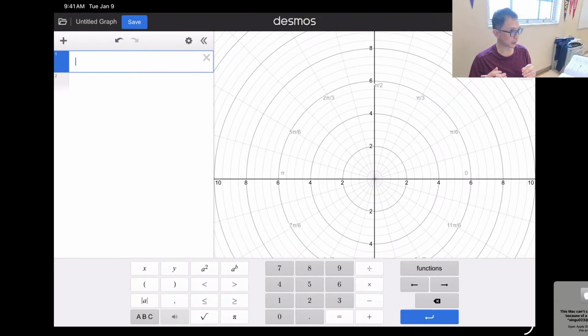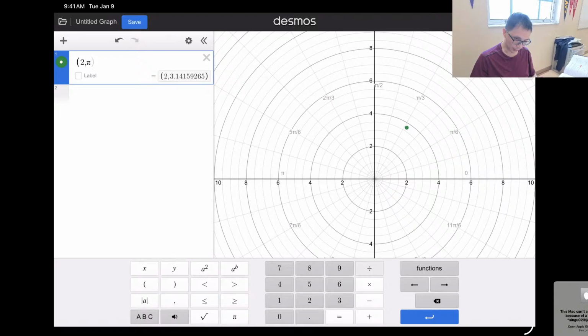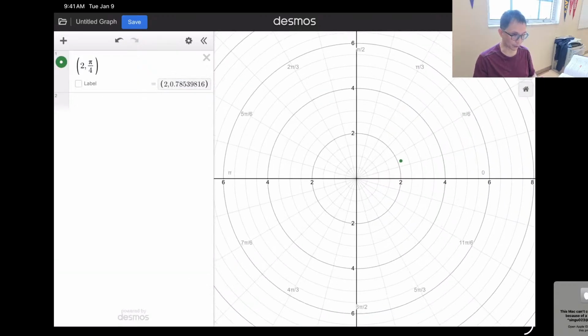I don't think you can do it. So 2 comma pi over 4 is not right, because it treats pi as 3.14, and 3.14 over 4 is about 0.75, so it'd be 2 and 0.75.